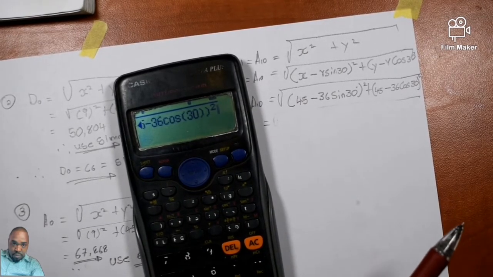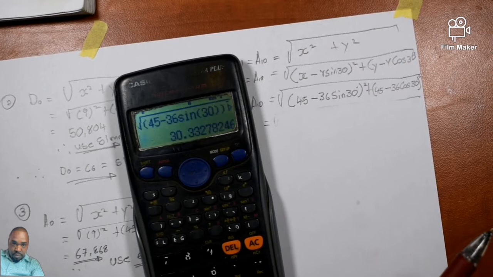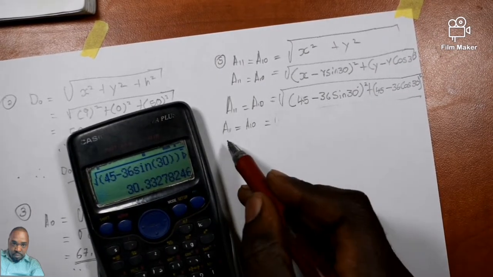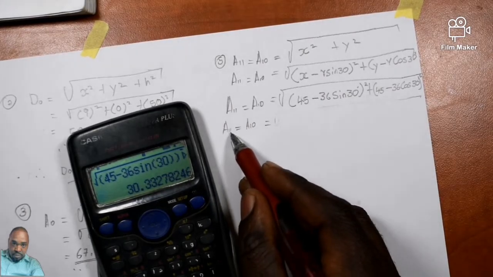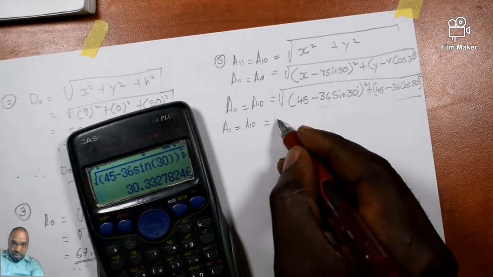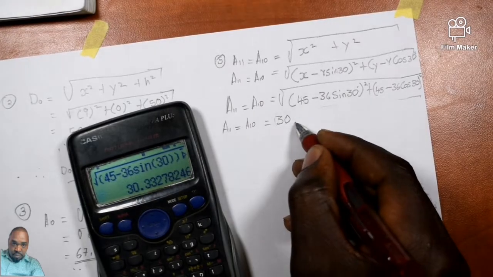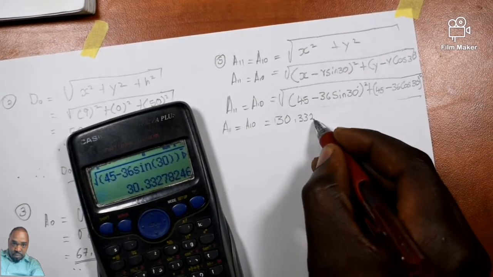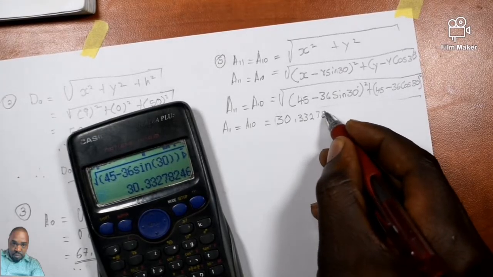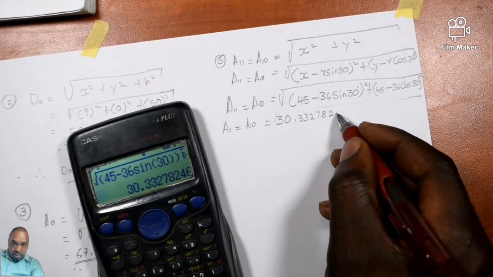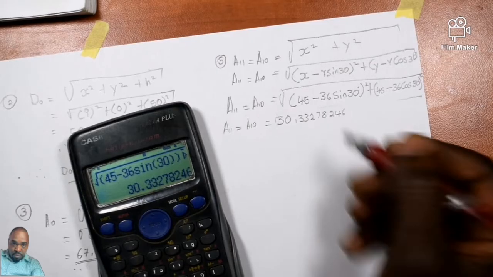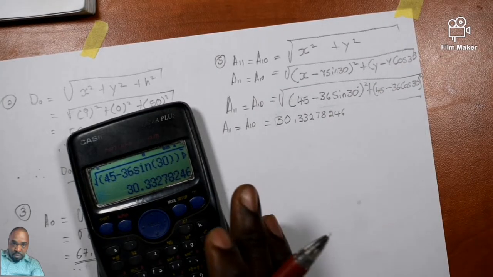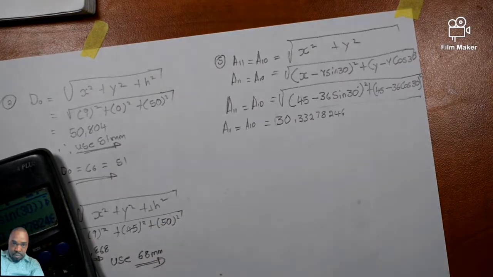You understand? So an answer is equals to, so we are getting 30. So the distance of A11, A10 is how much? Is 30.332782446. Do not round off because you haven't included the height. You understand? You haven't included the height.